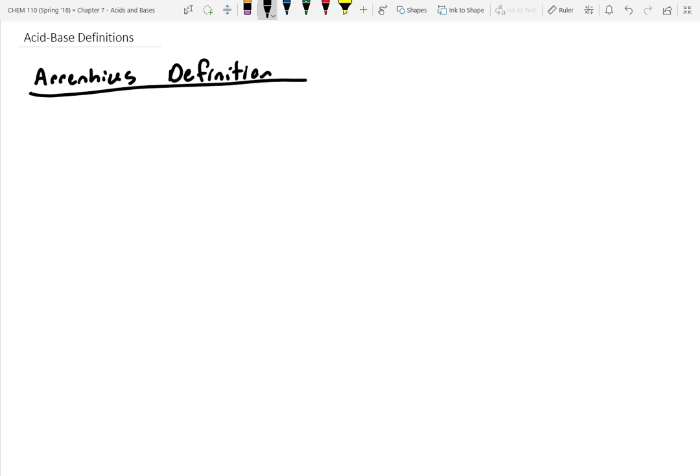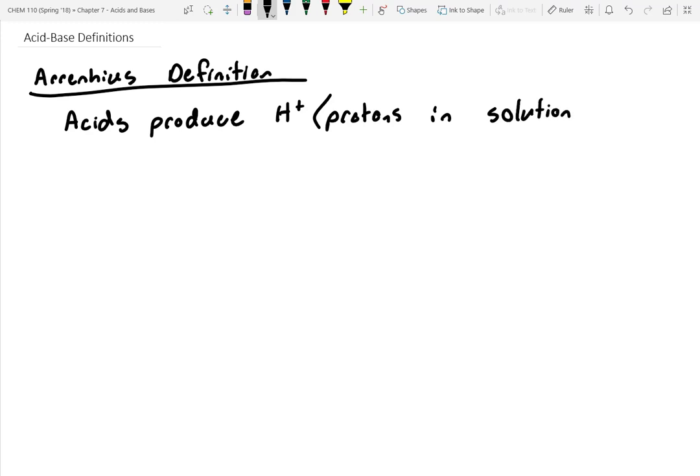And this definition said that acids produce protons and bases produce hydroxide.